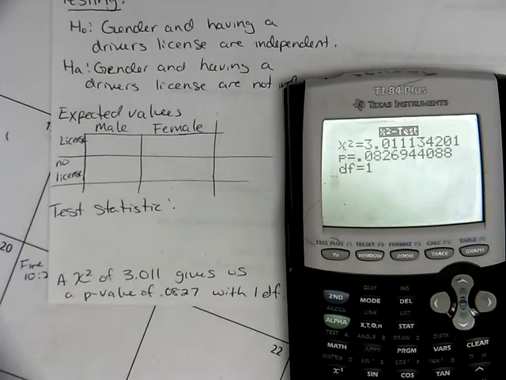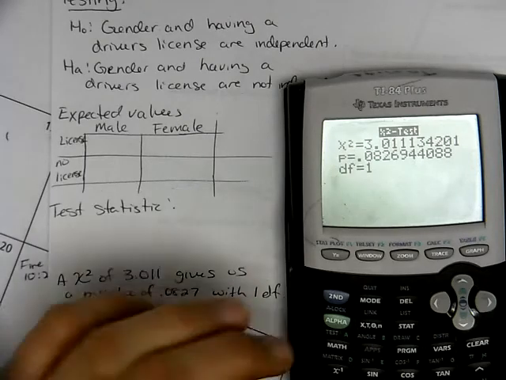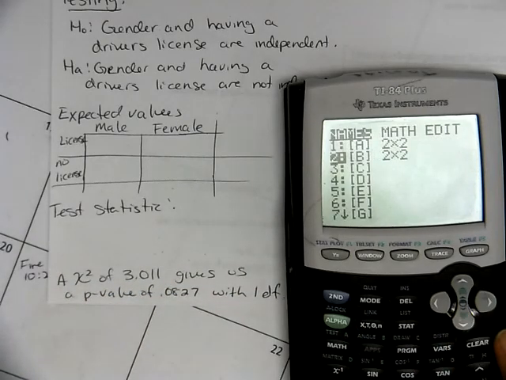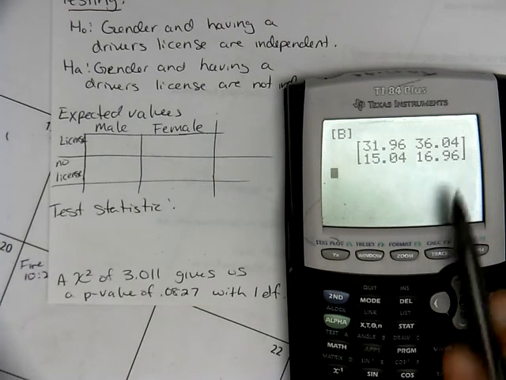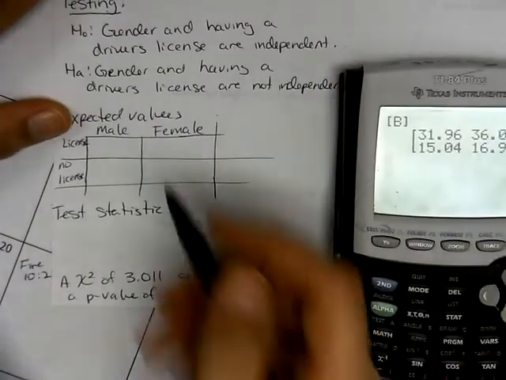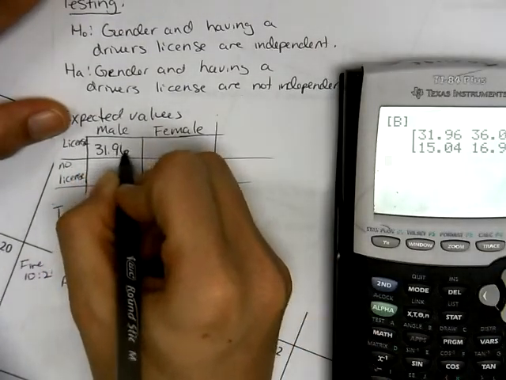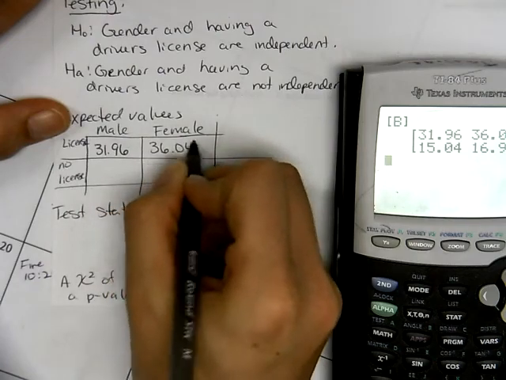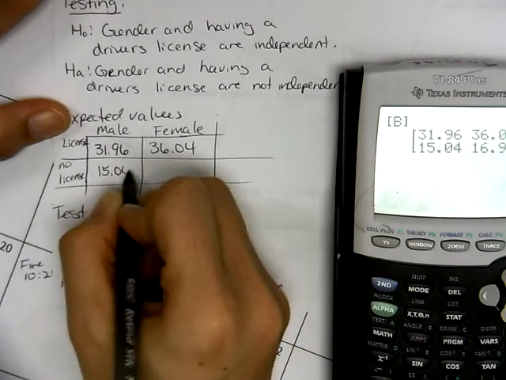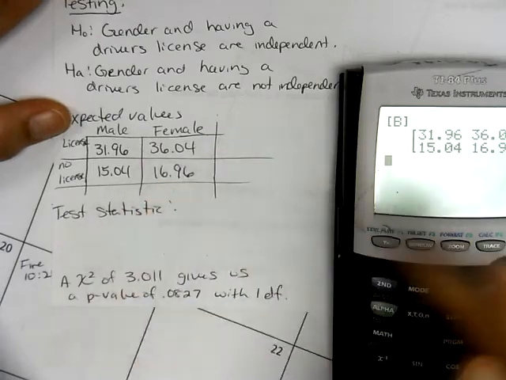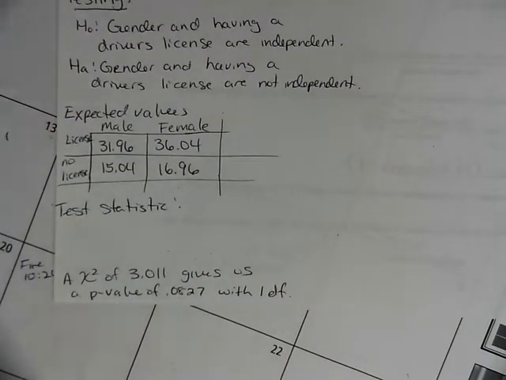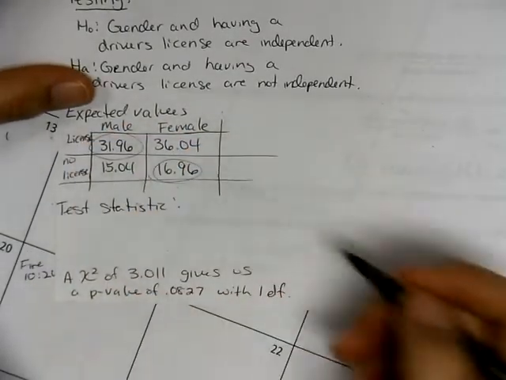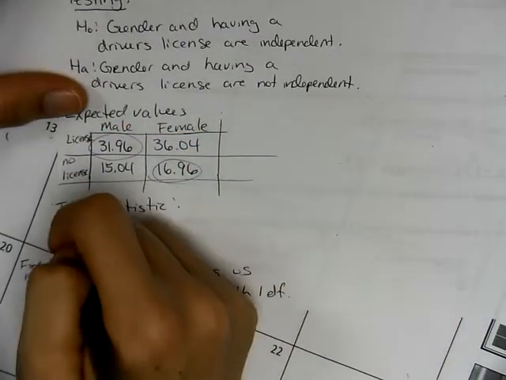Now in this one, again, you can find your expected values either by going to matrix B and looking at the edit section, or I think there's enough. Usually a 2 by 2 is okay. I can read the numbers. So here's your expected values. And again, for your test statistic, I just need to see the first and the last in terms of the formula.